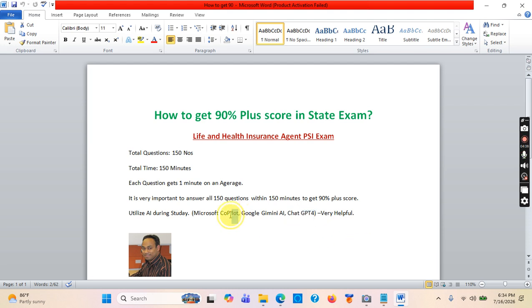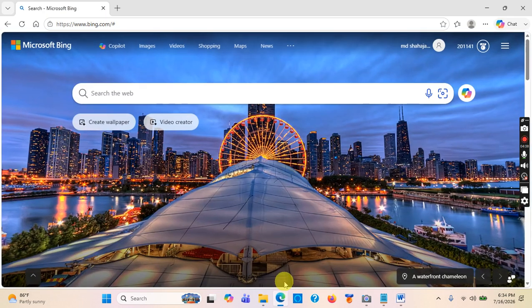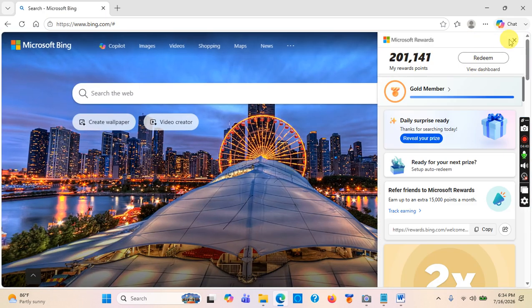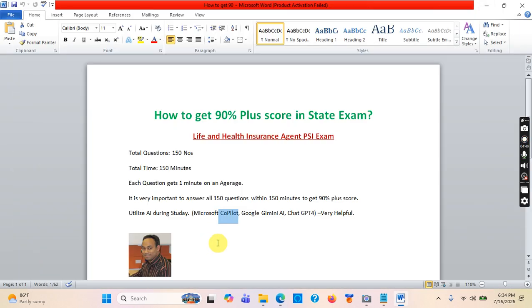I am using Copilot. Whenever you get stuck during studying, or do not understand the topics of the course curriculum, you can simply communicate with the AI and the AI will explain very nicely.